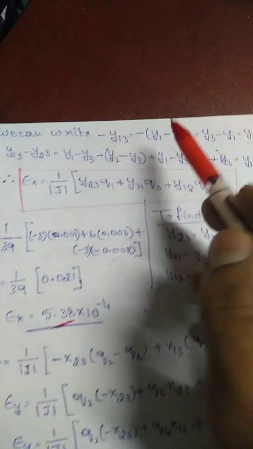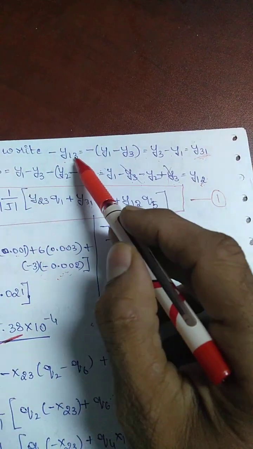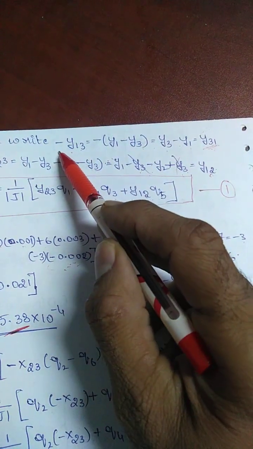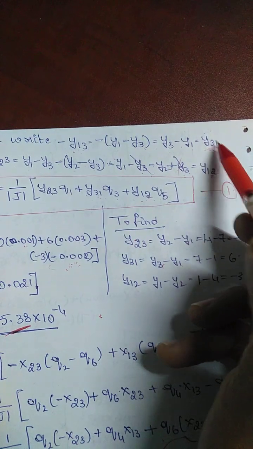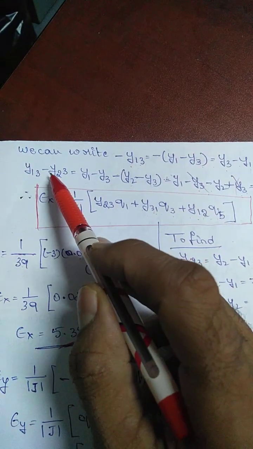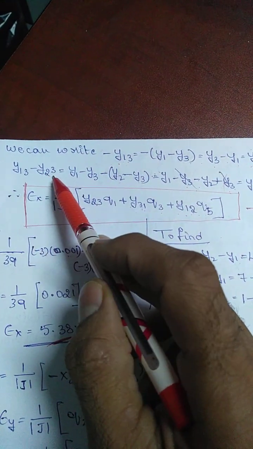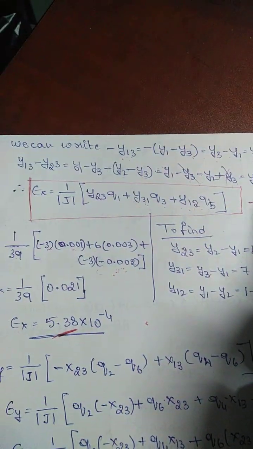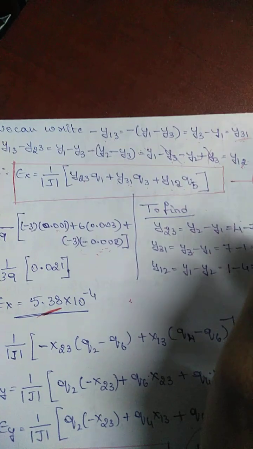Similarly, I am carrying out the process. You have to split it, and you will get y31 in the place of minus y13; it is a plus sign. Similarly, y13 minus y23: substitute this and you will end up with y12. So we have to avoid the minus term.